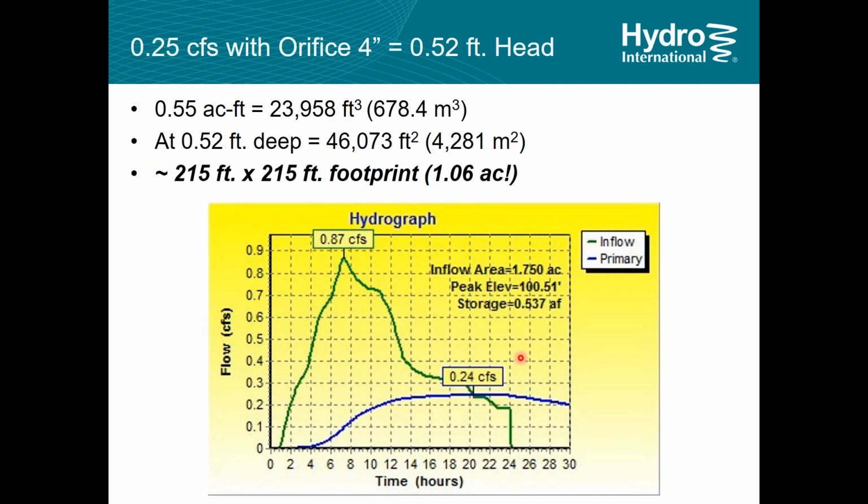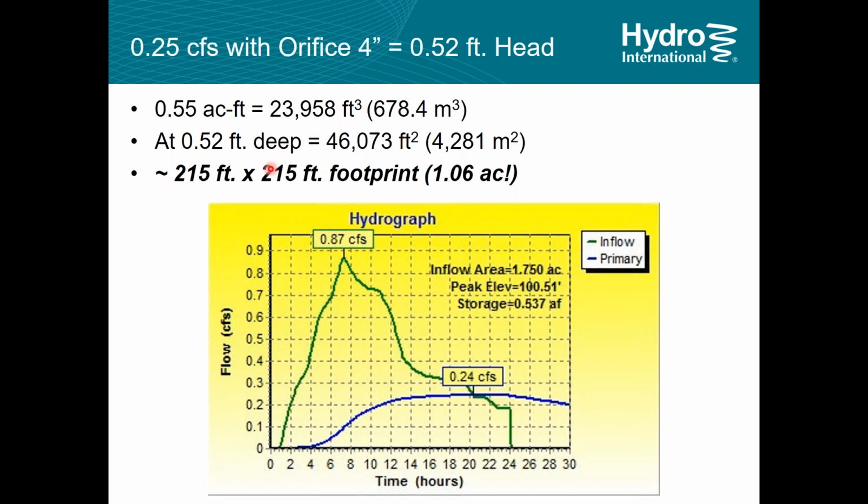But here's my problem. Regulation says I've got to get 0.25 CFS and I've got to use a minimum 4-inch orifice because, you know, you go too small, it blocks and you get a blocked tank. So what am I left with if I use those two numbers? Well, all I can play with is the depth of water.